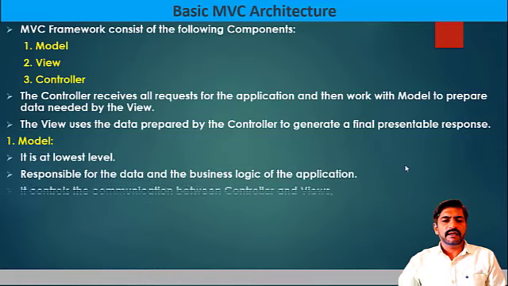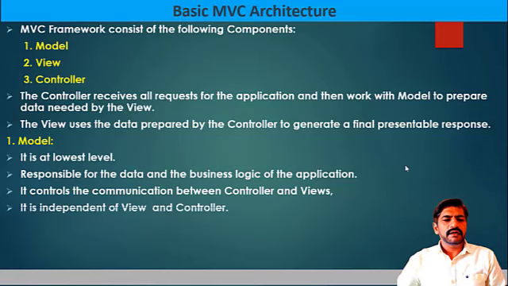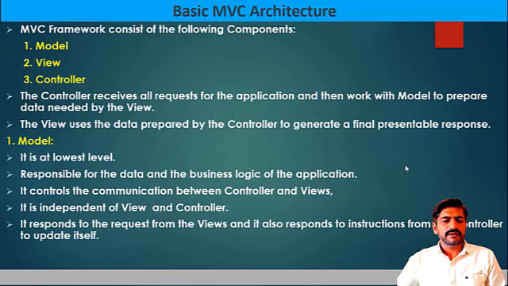So it keeps the data and the business logic itself. It controls the communication between the controller and the views. It is independent of the view and controller. It responds to requests from the views and also responds to instructions from the controller to update itself.